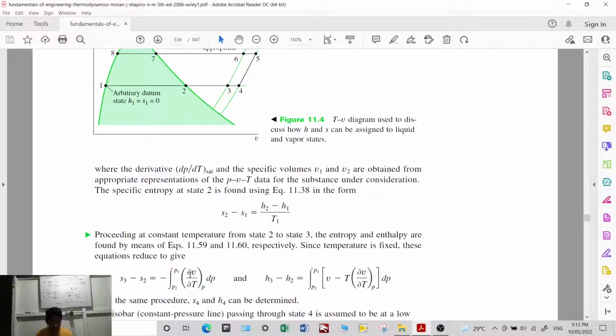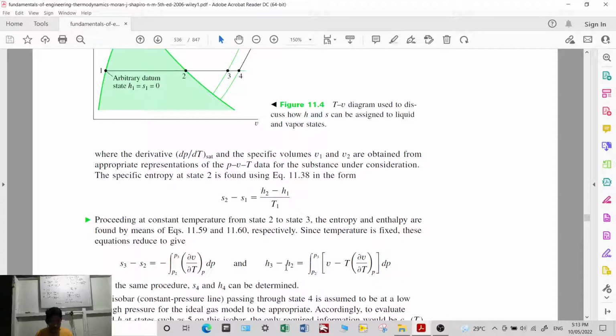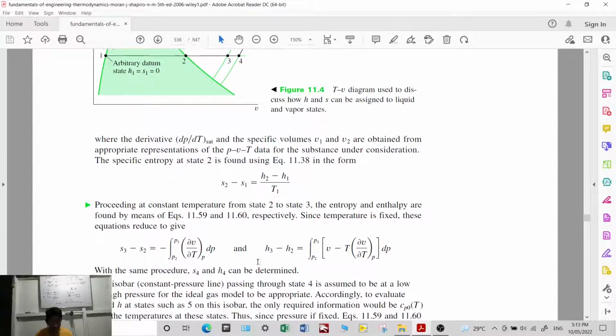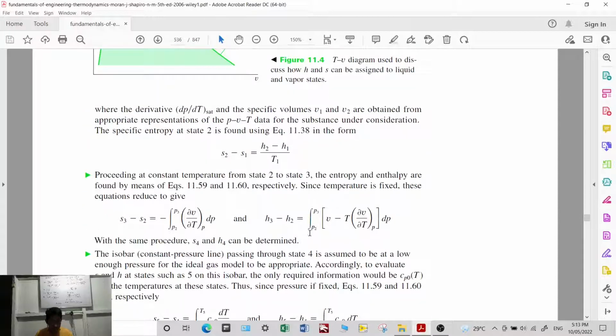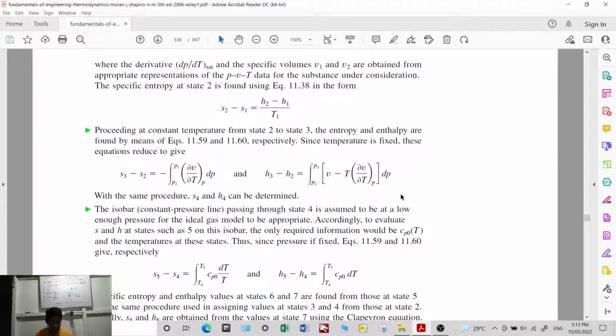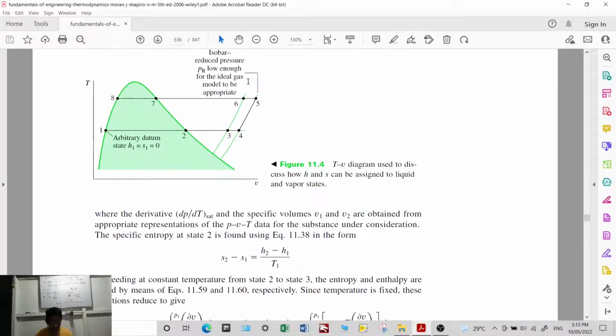Again, this is the Maxwell relation. So these relations we derived are what is used to construct the table.